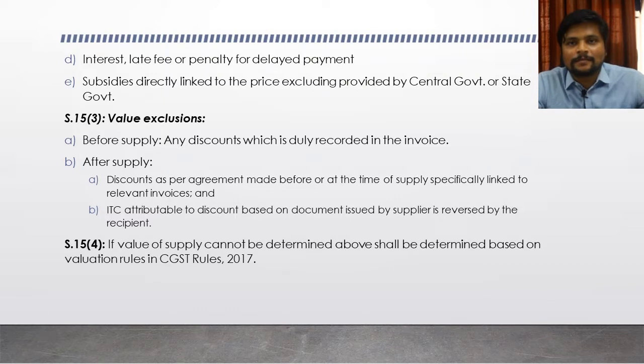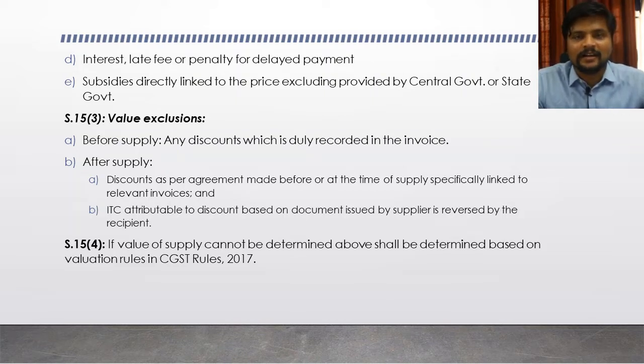For example, if the supplier is giving credit of 1 month, and the recipient is making the payment only after 2 months, he has exceeded the credit limit. In that case, the supplier is charging any interest or any penalty or any charges, whatever you call it. That amount also has to be included in the value for the purpose of computing GST. Okay, that is item number 4.